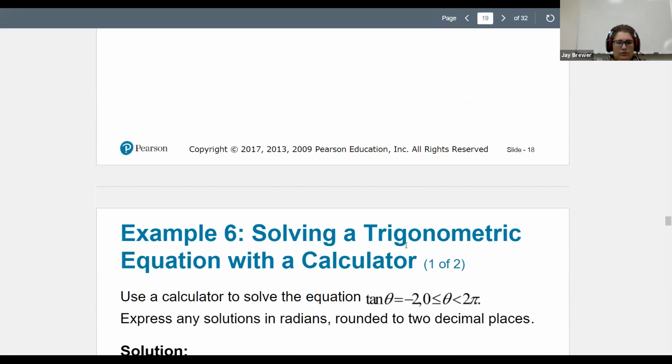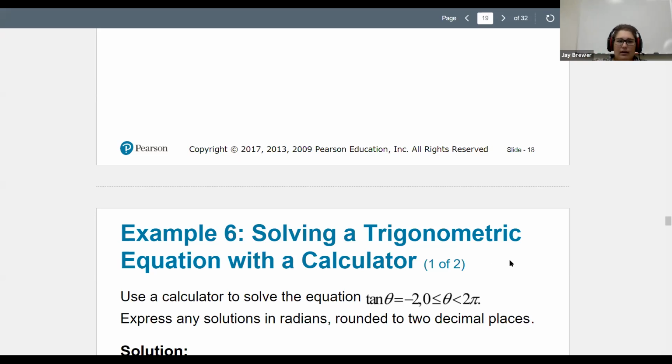All right. So this says use a calculator to solve the equation tangent theta equals -2. Express any solutions in radians rounded to 2 decimal places. I will tell you, you have to watch what they want on Pearson. You could be going through super fast, degrees, degrees, degrees, and then all of a sudden they're throwing radians at you.